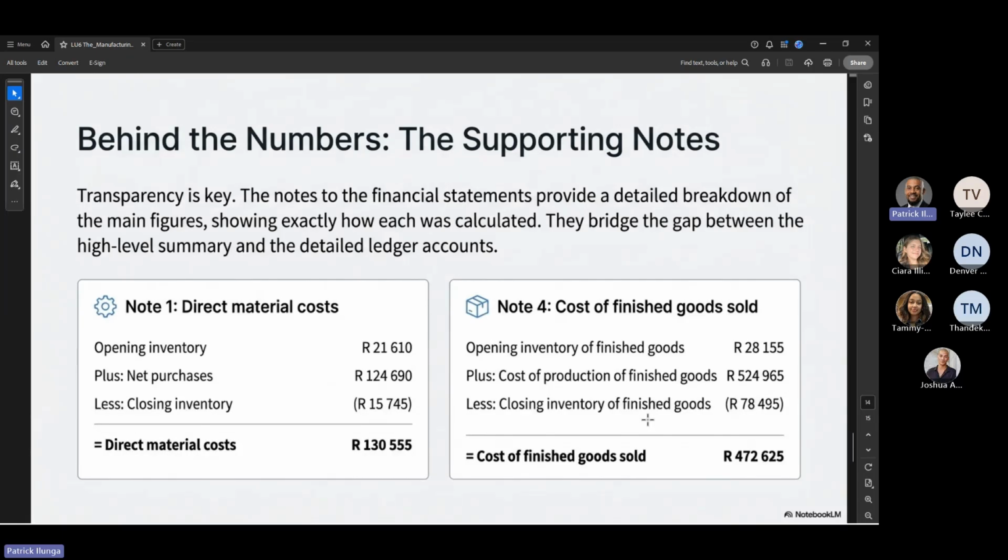Why are we doing this? It's because we want to extract the cost of finished good sold, not manufactured, sold. Because not all that is manufactured will be sold.